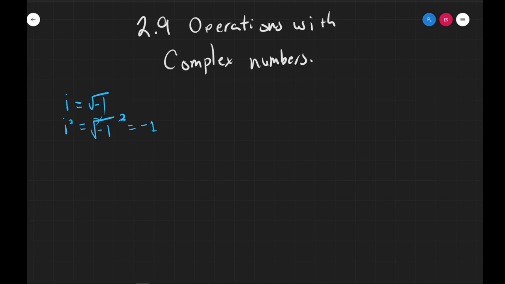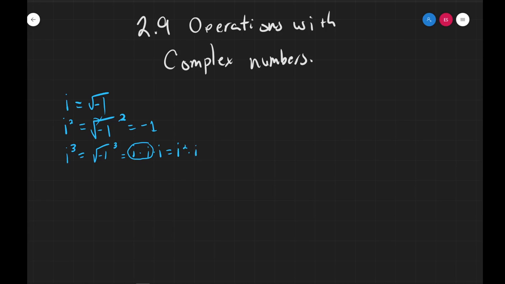Okay? So then, if we take i cubed, well, that's just going to be the square root of -1 cubed. Or we just found that if you take i squared, it is -1. So remember that i cubed is i times i times i, which if we grab these first two i's, well, that's just going to be i squared times i.